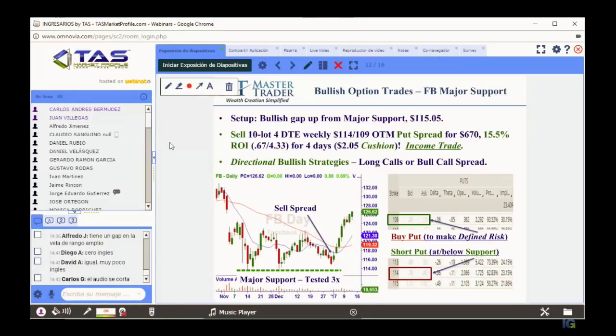So as long as it goes higher, sideways, or doesn't fall more than $2.05, we've put $670 in our pocket as full profit.